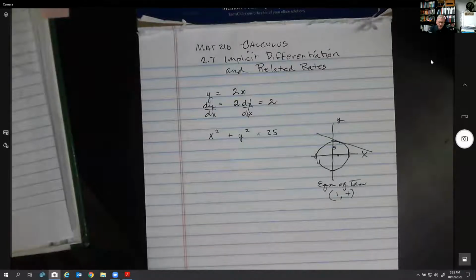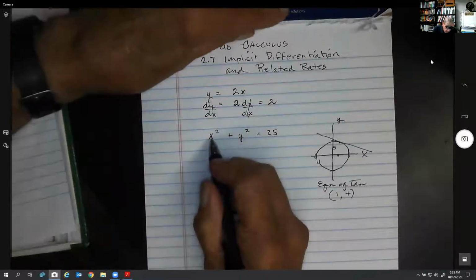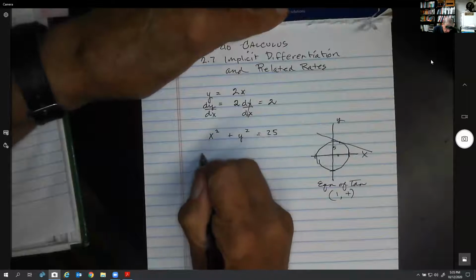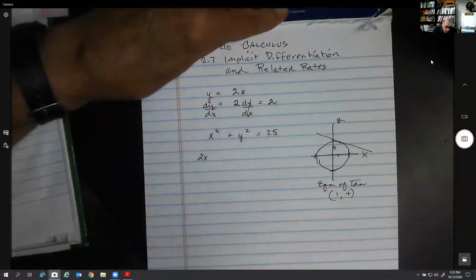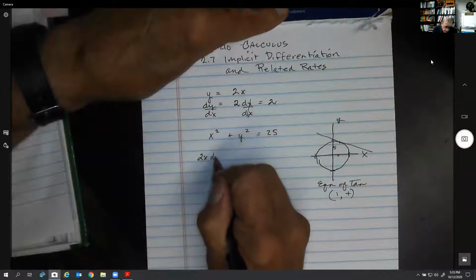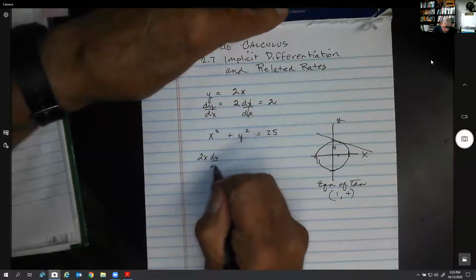So to do that, we're going to use a technique called implicit differentiation. So we're going to take the derivative of x squared, which is 2x, but we're going to get a little bit more formal and say now we're going to use the chain rule and we're going to take the derivative of x with the derivative of x.